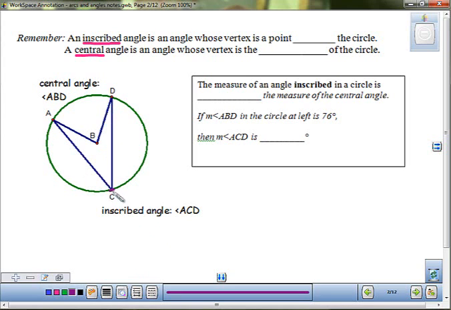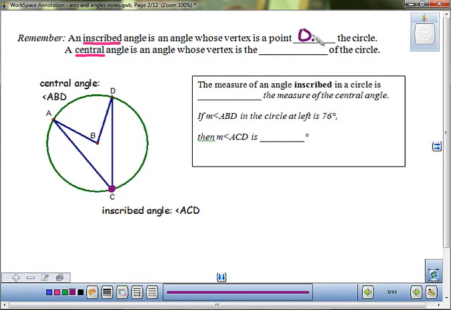The inscribed angle's vertex is on the circle. The central angle's vertex is the center of the circle. Remember that an inscribed angle's measure is going to be half the central angle's measure.